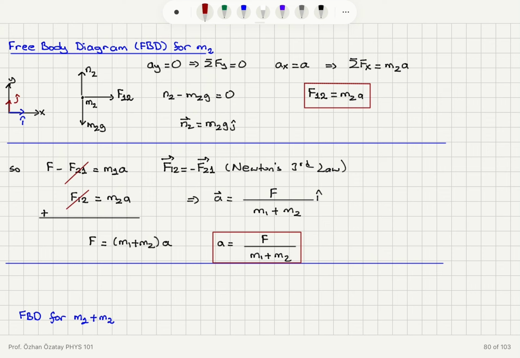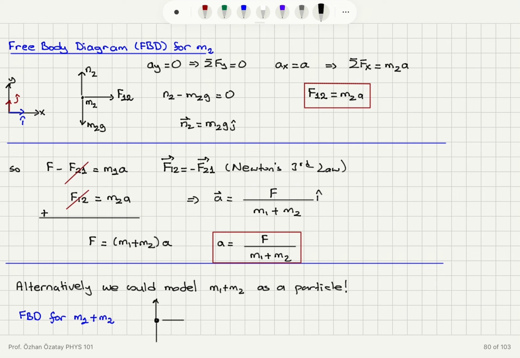Now, I could look at this problem from an alternative point of view. Alternatively, we could consider m1 plus m2 as a single system. So we could model m1 plus m2 as a particle. And in doing so, we can draw the free body diagram. There is the normal force, there is the weight, and there is the force F acting on it.